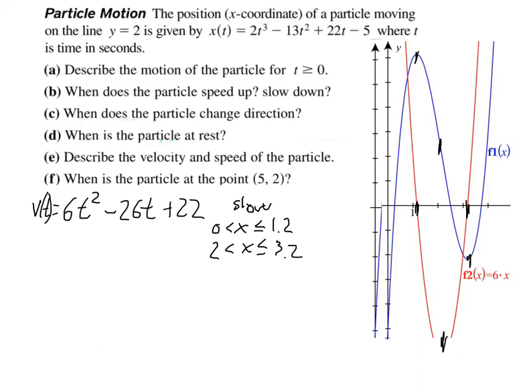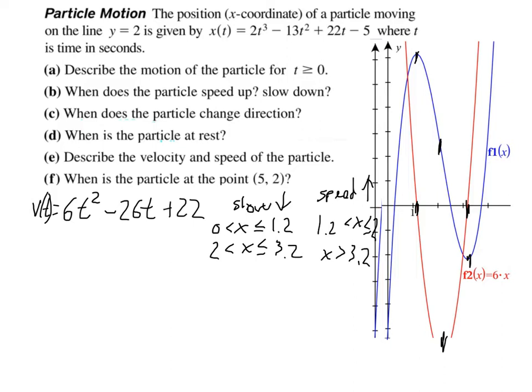So it slows down, speeds up from 1.2 less than x less than or equal to 2, and then x greater than 3.2 would be when it speeds up. So that's how I would describe that motion there.